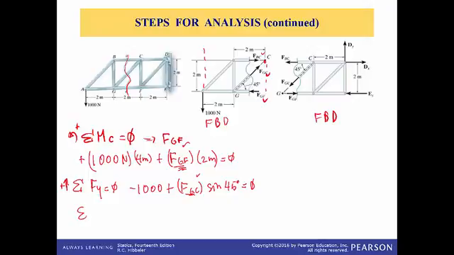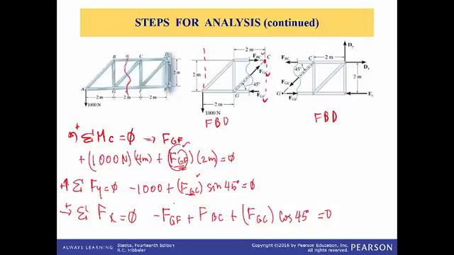And then now I do sum of the forces in X equals 0, and then in X I have minus FGF plus FBC plus FGC, and then I have cosine of 45 degrees equals 0. But then now I know from here FGC, from here FBC, so I can solve for FGC.